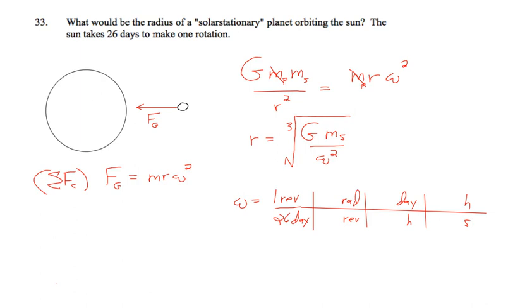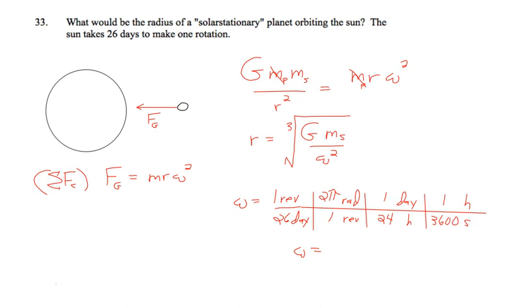So 1 revolution is 2 pi radians. In 1 day, 24 hours, and in 1 hour, 3,600 seconds.